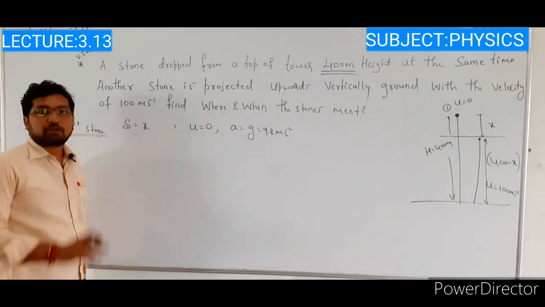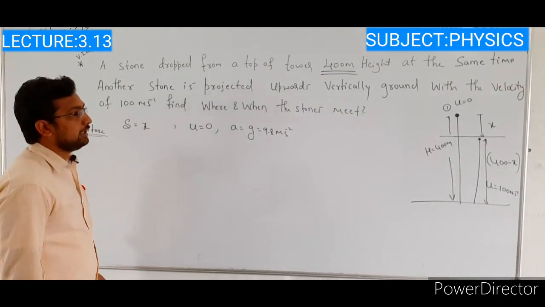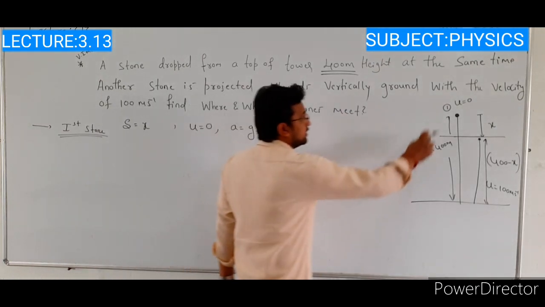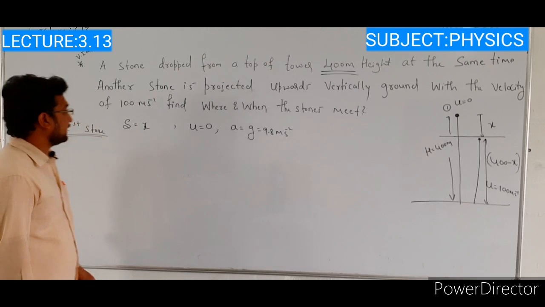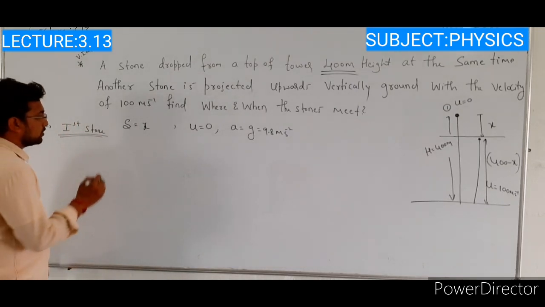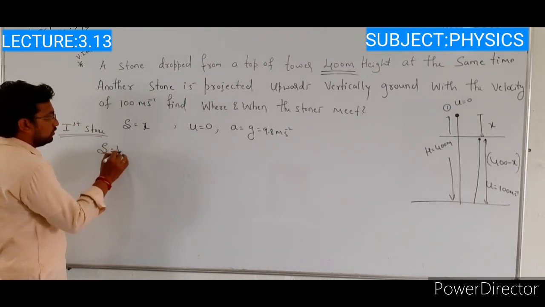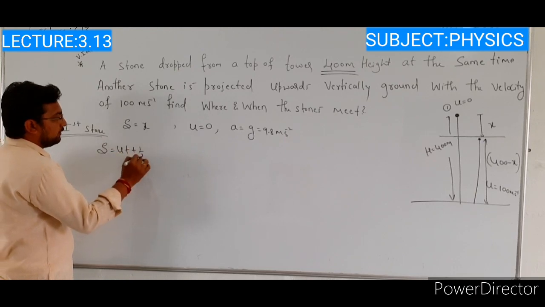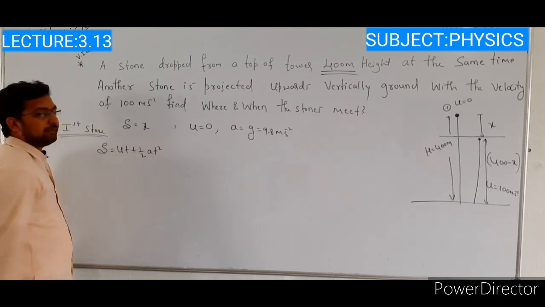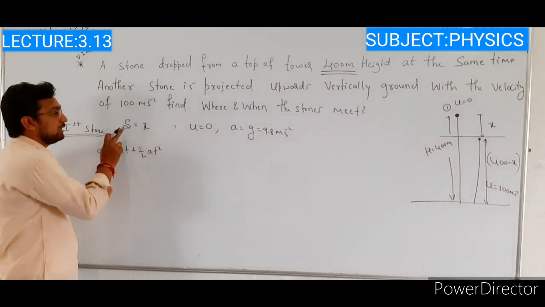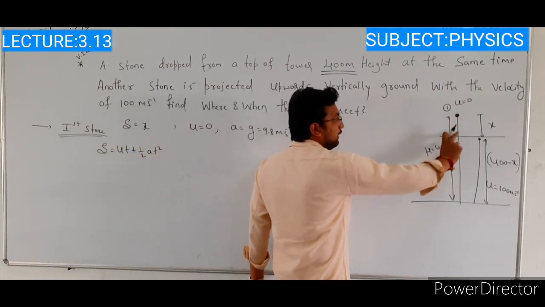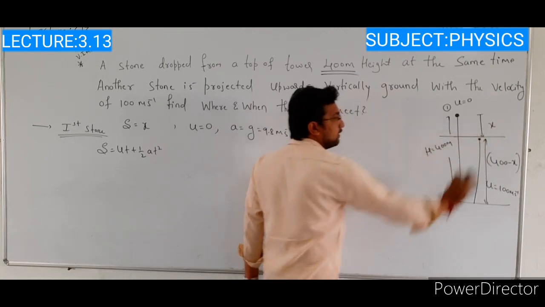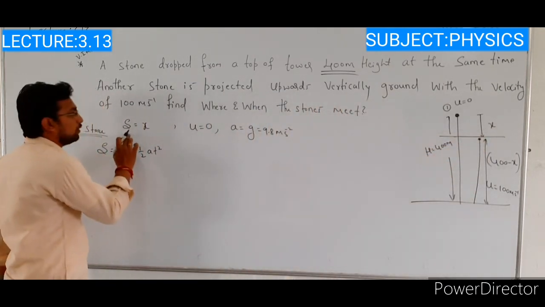See here, for the first stone, we assume it meets the second stone at the position x. Here the formula is s equal to ut plus half at square. The distance is x, so s is equal to x.